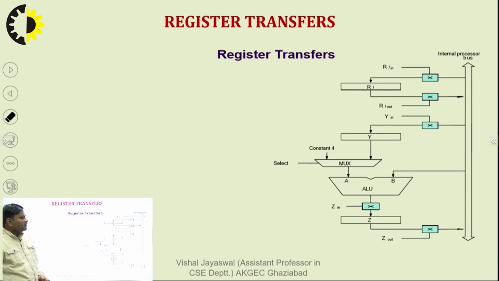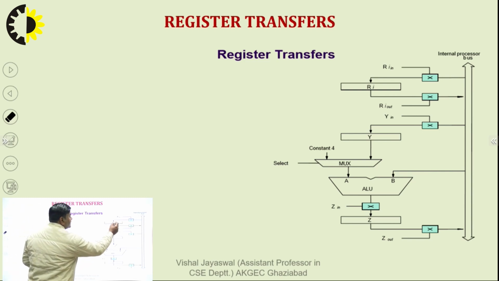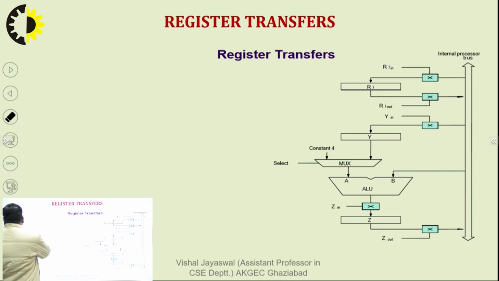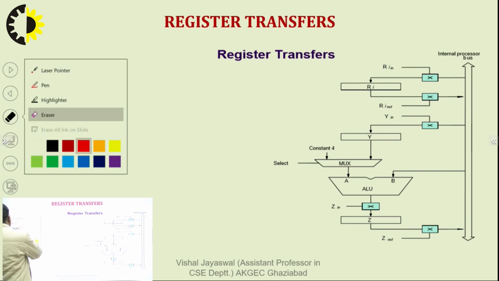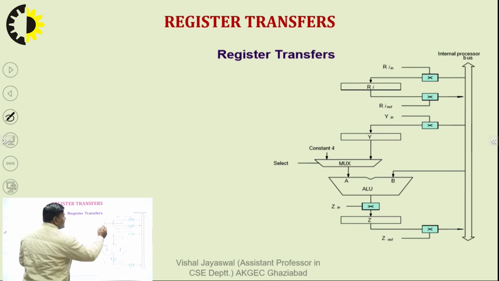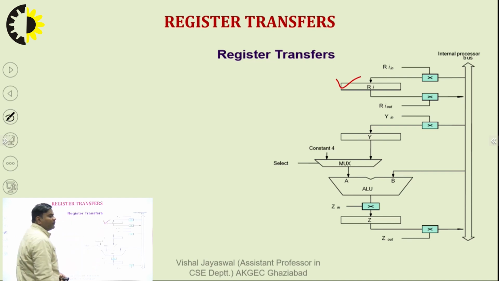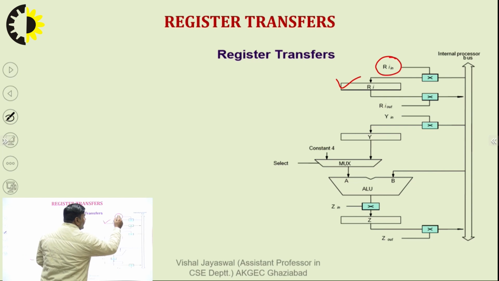This is the diagram of register transfers, that is also called input output gating of registers. Basically there is a switch that is defined at each register. Here this is the Ri register, and we use two switches, that is Ri in and Ri out.